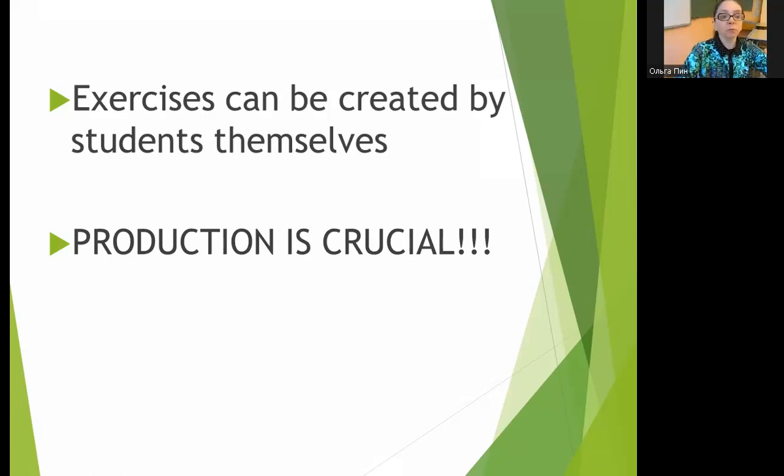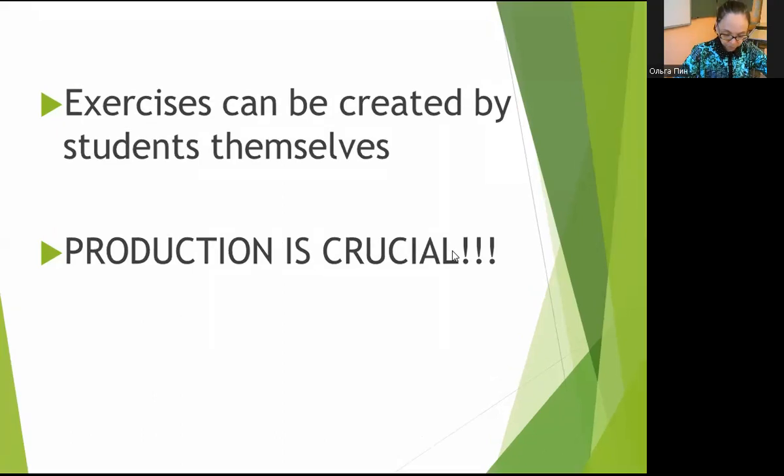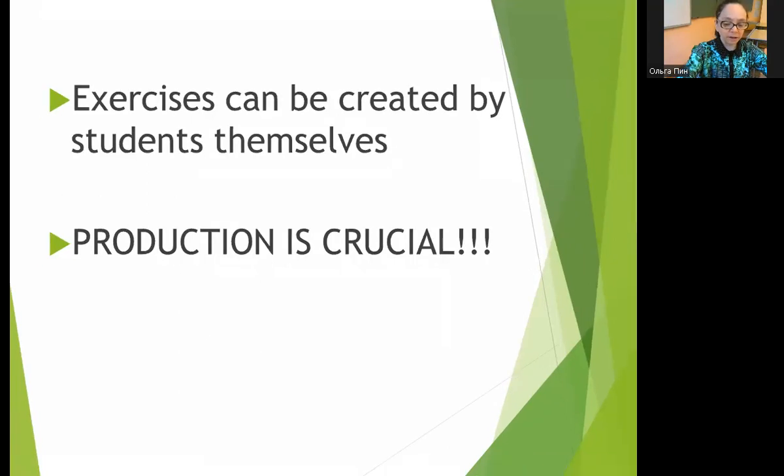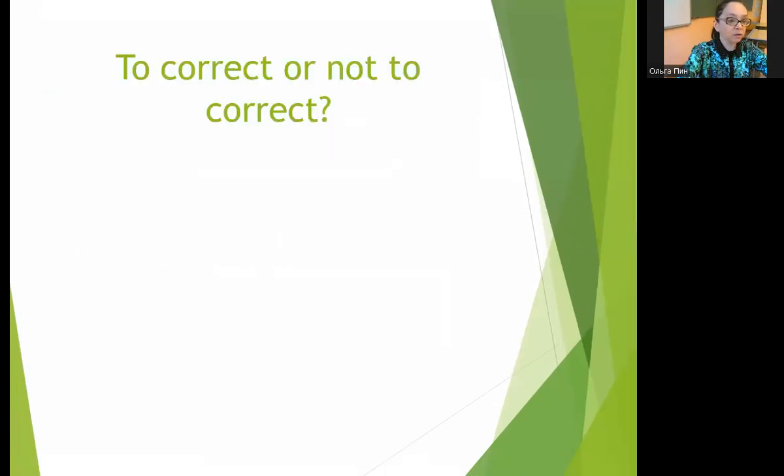But when it comes to production, they concentrate on meaning and forget all about their correct grammar. So to avoid this, or rather to skip this obligatory stage quicker, production is crucial.